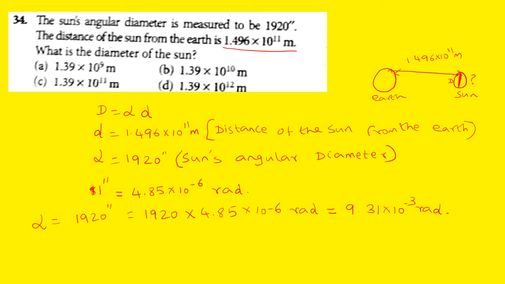So now you know alpha and you know D. Substitute in the formula. D equal to alpha, which is 9.31 into 10 power minus 3, and D is 1.496 into 10 power 11. When you multiply, you will get 1.39 into 10 power 9 meter.